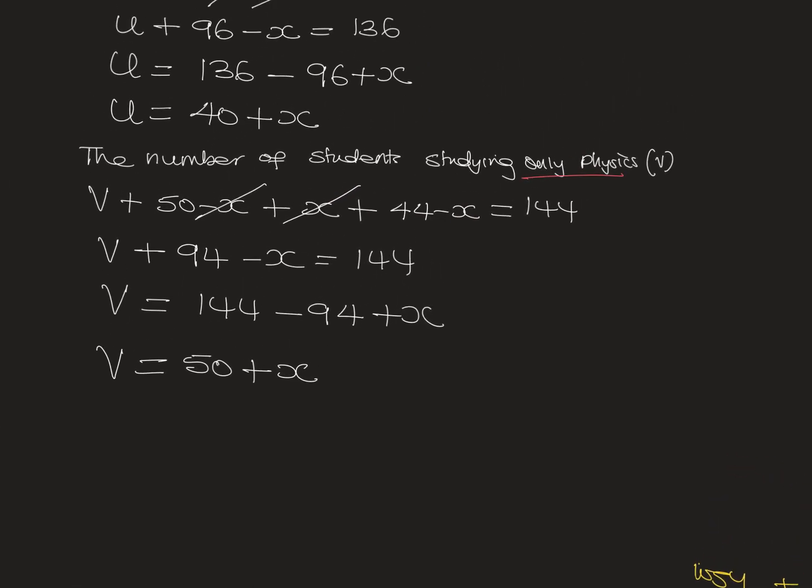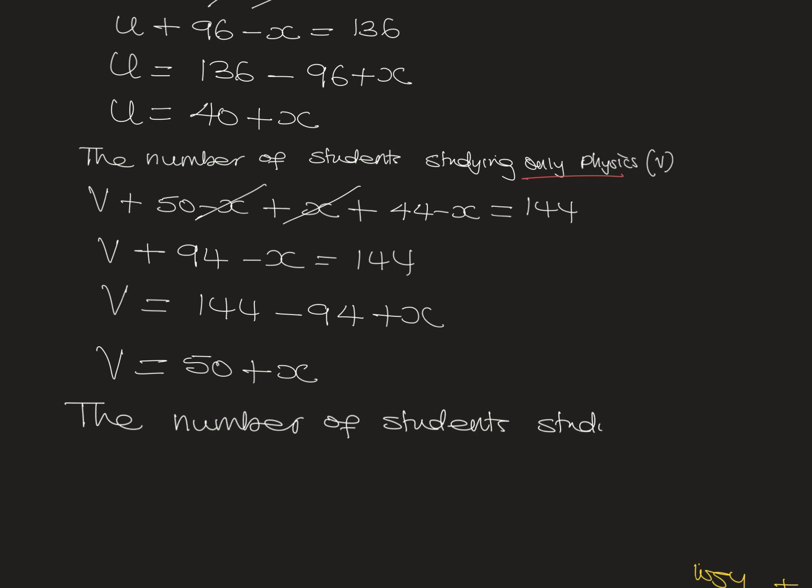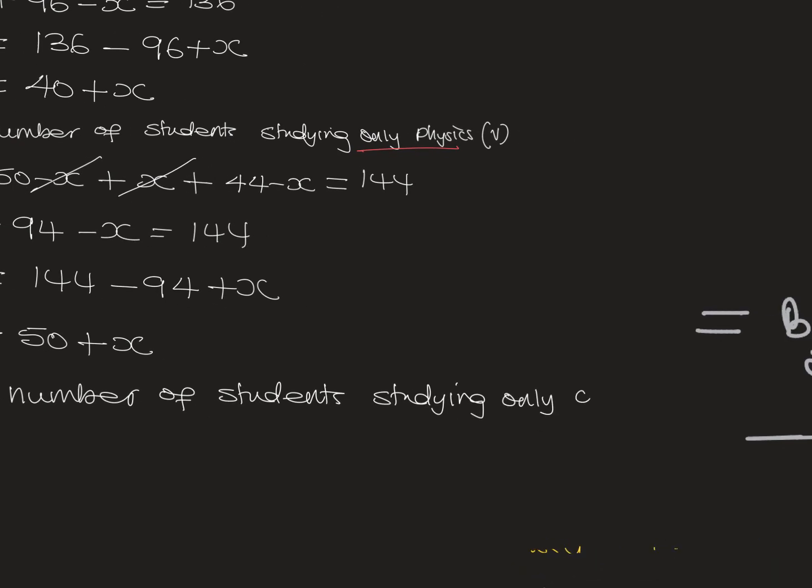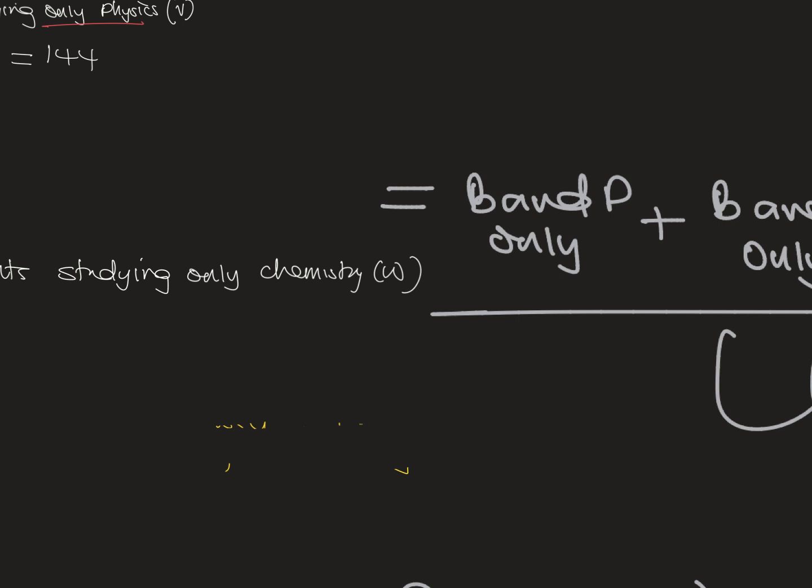So we can say the number of students studying only chemistry, we said that is W. So how do we find that?